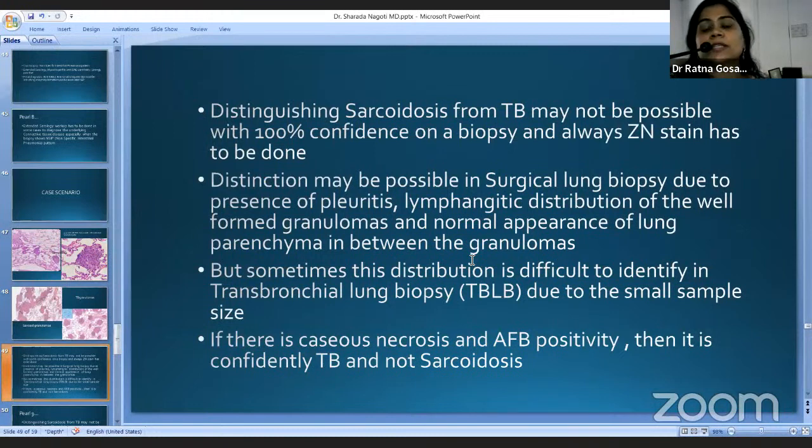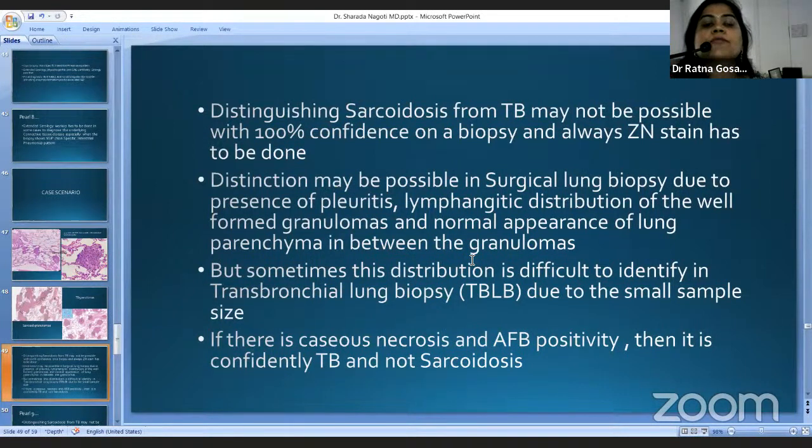Distinction may be possible in a surgical lung biopsy due to the presence of other features like pleuritis, lymphangitic distribution, well-formed granulomas, and normal appearance of the lung parenchyma in between the granulomas. In such surgical lung biopsies showing these additional features, we can confidently give a diagnosis of sarcoid, but not always.